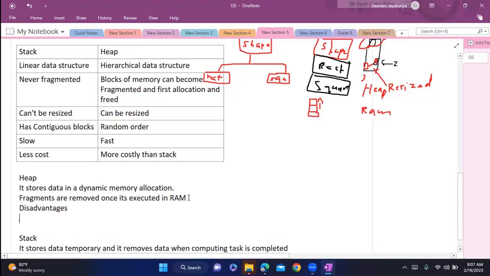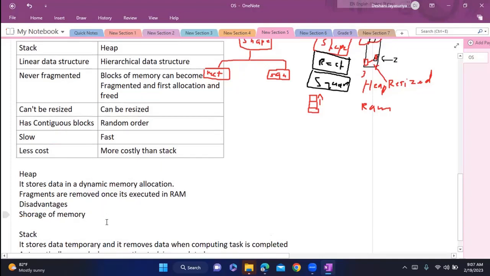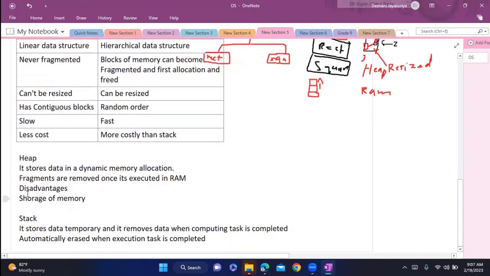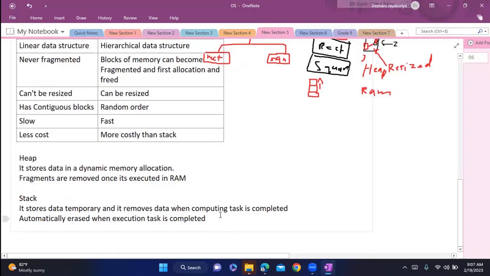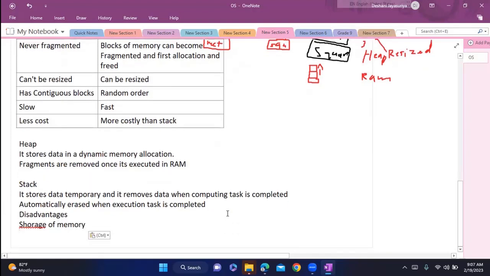Stack is having a shortage of memory because of the things that we discussed, like fragmentation issues and the resizing problems. There will be things about that.